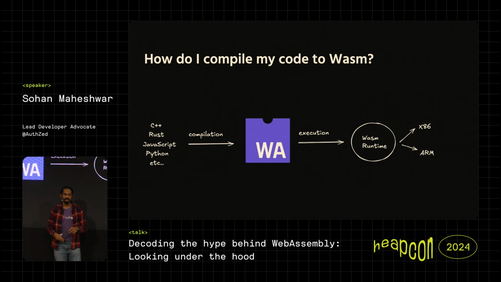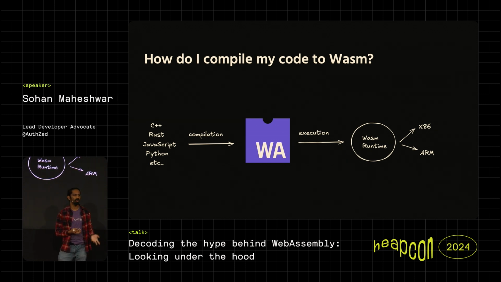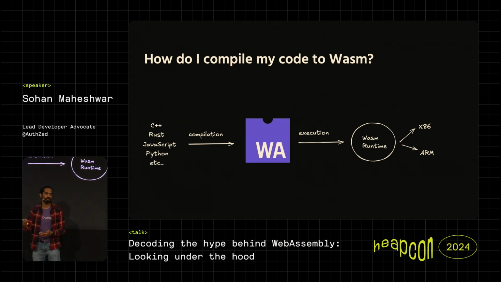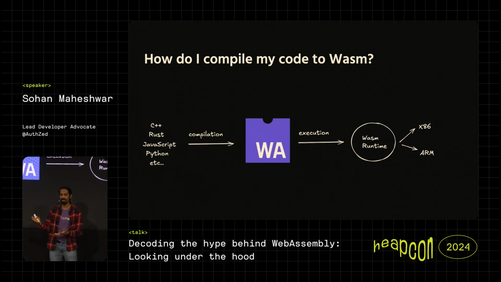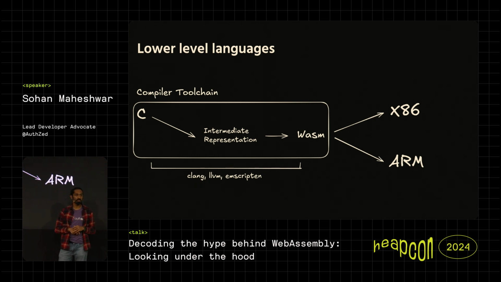Languages like C, C++, Rust are slightly lower level languages. They don't need an interpreter. They just have one compilation step to something a computer understands. So those make it a little easier to compile to WebAssembly, and they have better support.